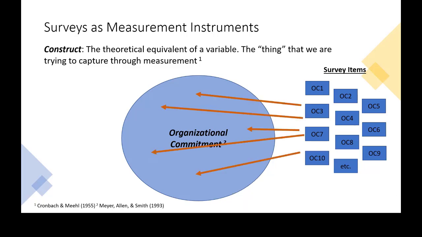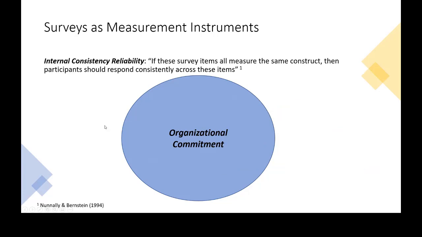And what you're doing is you're using each of these items to tap into a different part of that construct. Right? So we need multiple items to capture the complexity of what we're trying to ultimately get at with our survey measures.